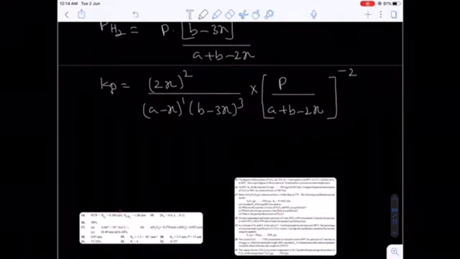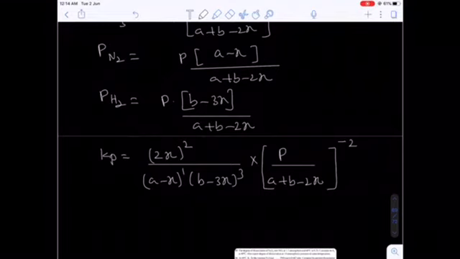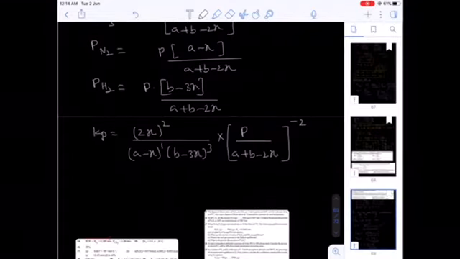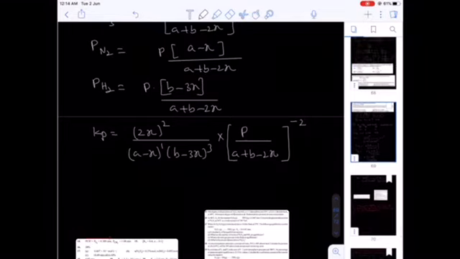I am writing it directly. Otherwise you can interchange this one. Just wait, you can interchange this one.